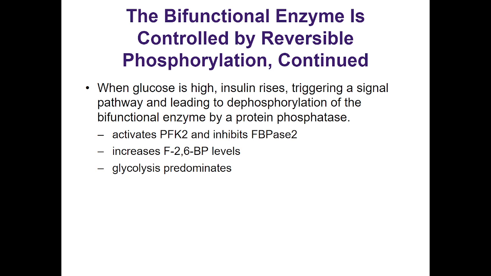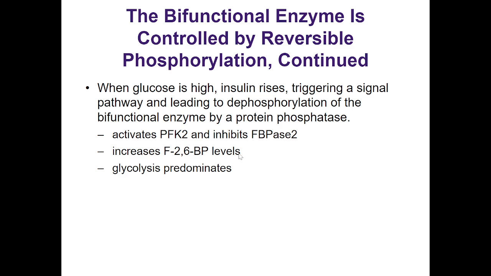When glucose is high, your insulin is going to rise. This is going to trigger a signal pathway. This is going to lead to dephosphorylation of your bifunctional enzyme. This is by the protein phosphatase. This is going to activate your PFK2. It's going to inhibit your FBPase2. This is going to increase your F26BP levels.